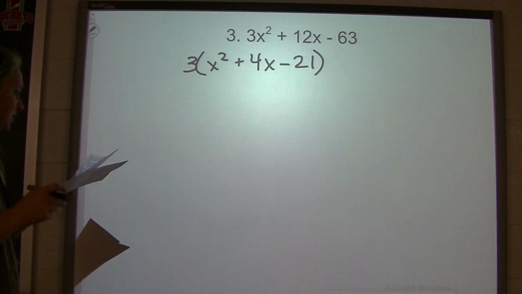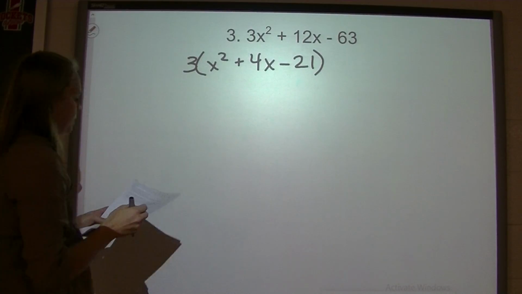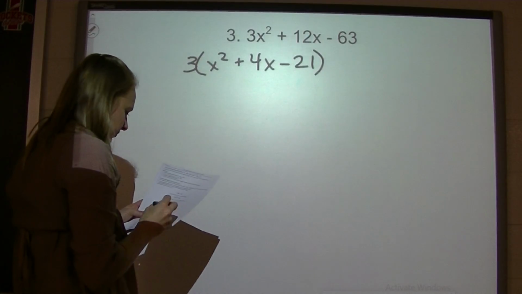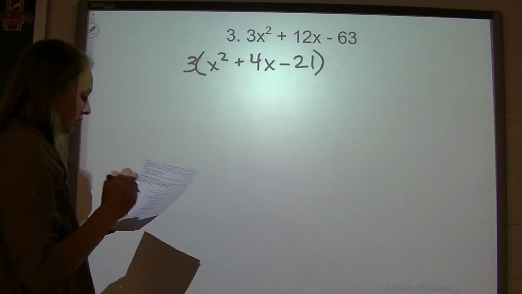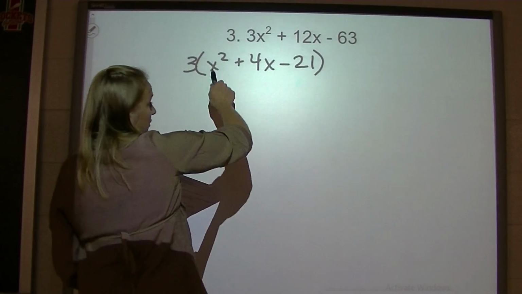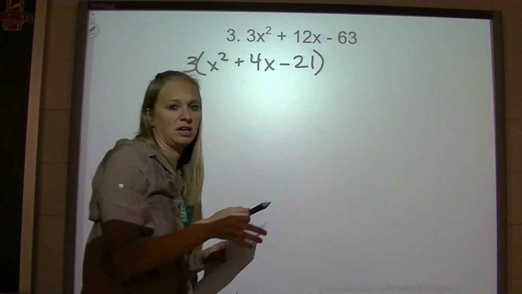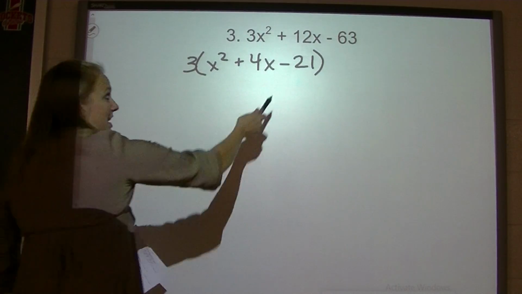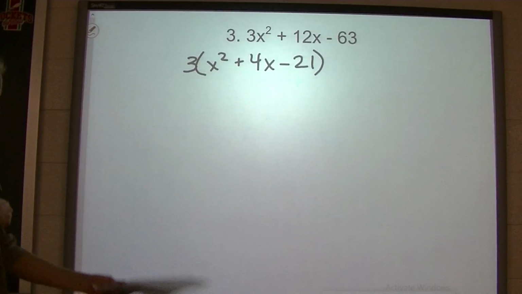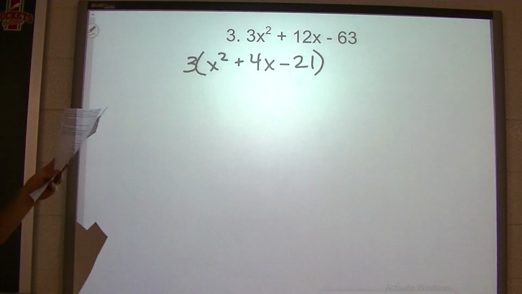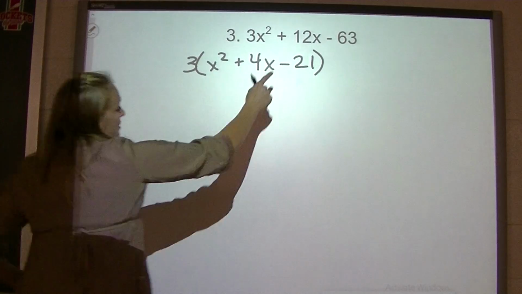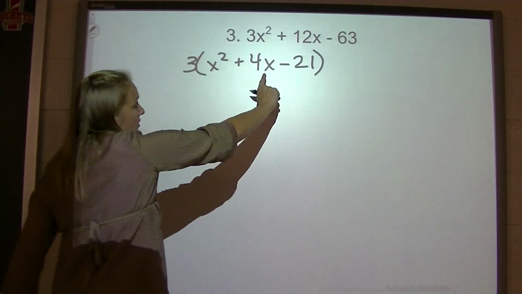No. Is there a perfect square trinomial? With this one, no. 1x squared is still x squared. But there's nothing I can multiply by itself to get a 21, let alone a negative 21. So no, this is not a perfect square. So we have to say, all right, are there factors of c that add to b here?